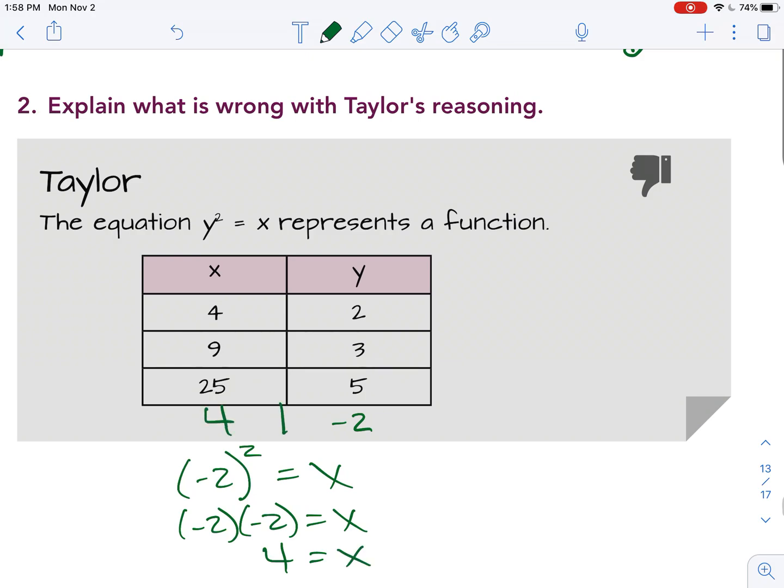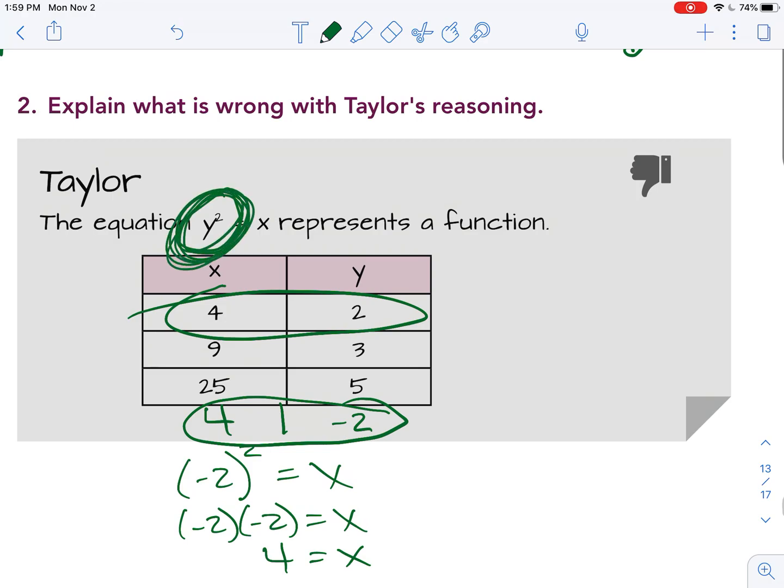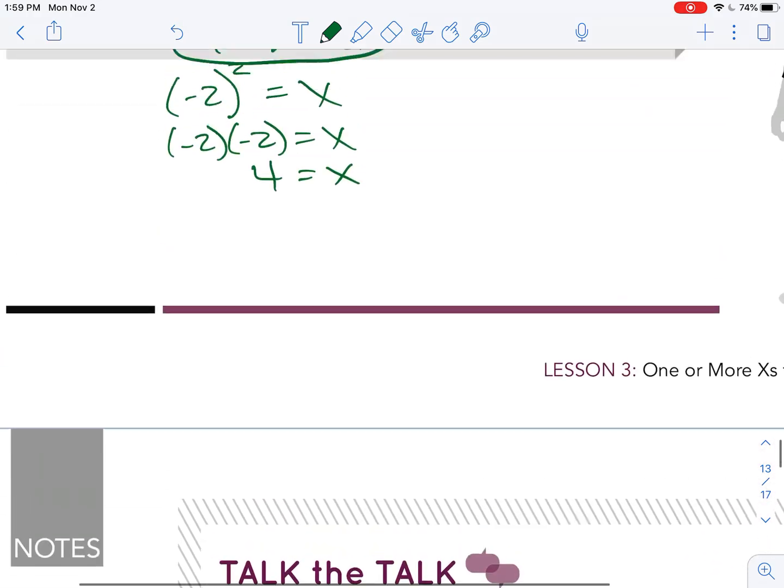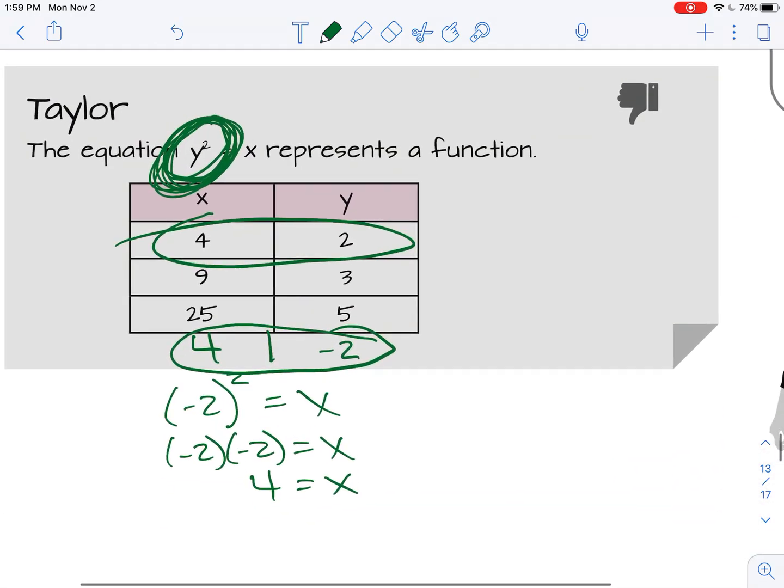Just doing that one problem, we have 4 equaling -2, but we also have 4 equaling 2. They didn't try the negative ones. Okay, I'm giving you this big old hint. Immediately, if y is squared, it is not going to be a function. Okay, so that is the end.